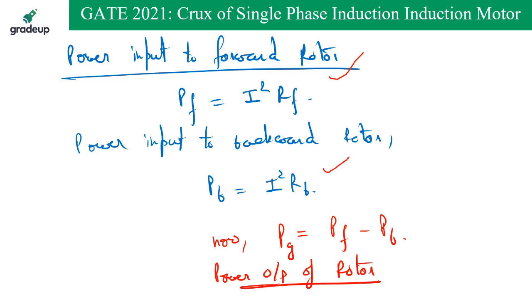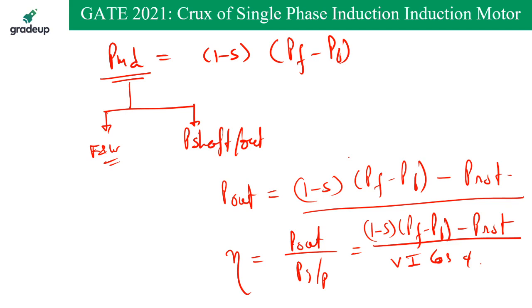Now with this air gap power, you can write the output power, or the mechanical power developed in the motor. That is PMD equals (1 minus S) times (PF minus PB), because you must be aware that mechanical power developed is in general written as (1 minus S) multiplied by PG, the air gap power.